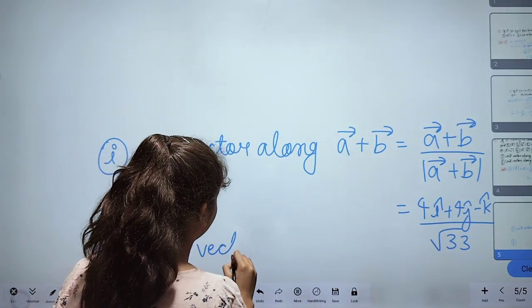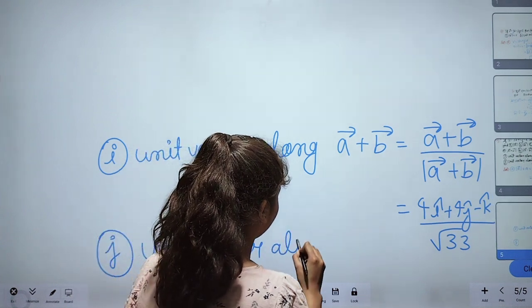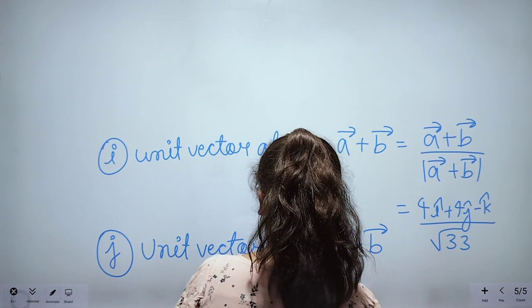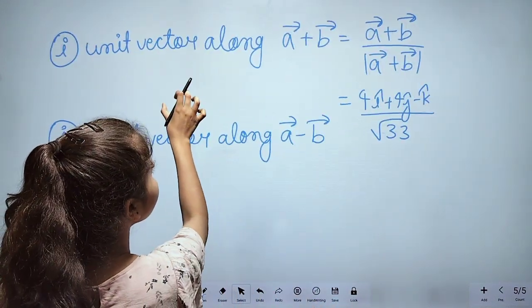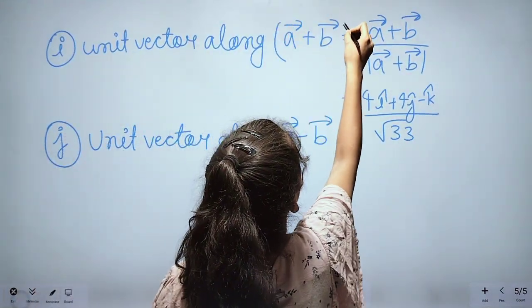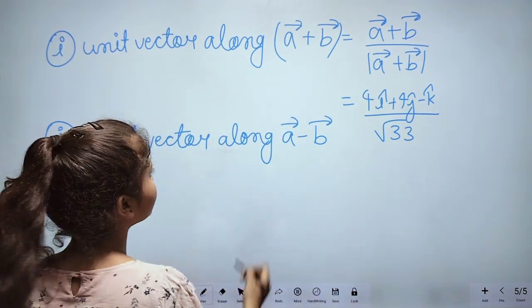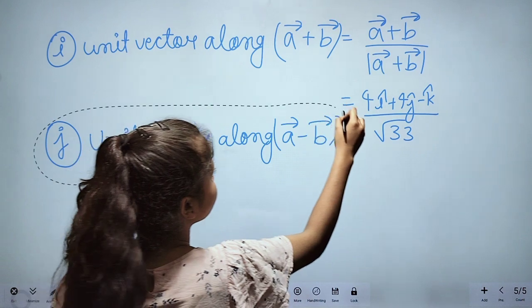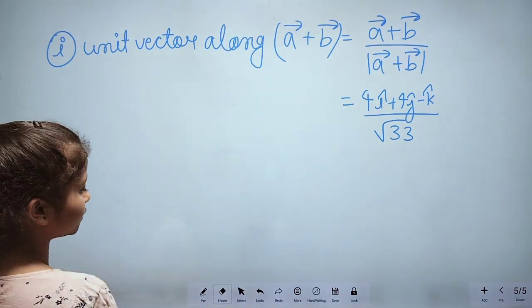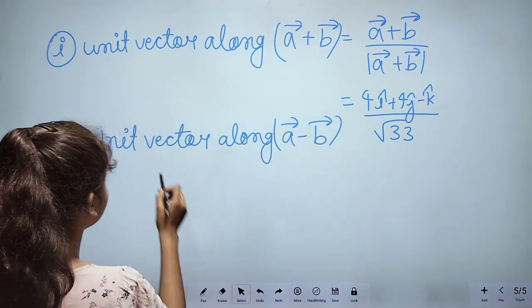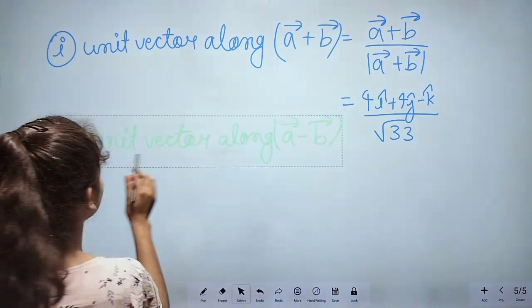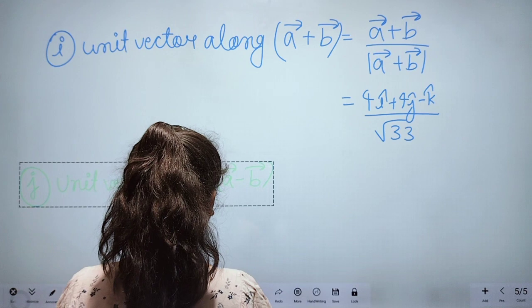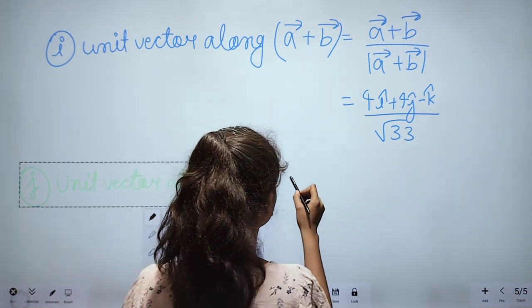Unit vector along A vector minus B vector. Okay, so let's do this question.